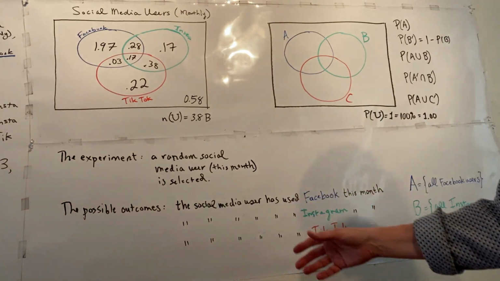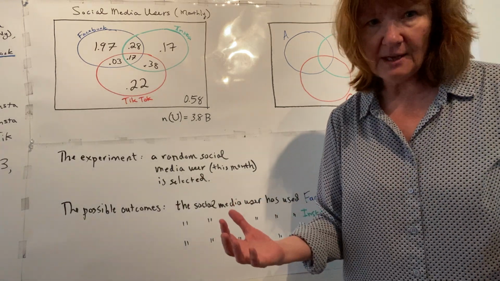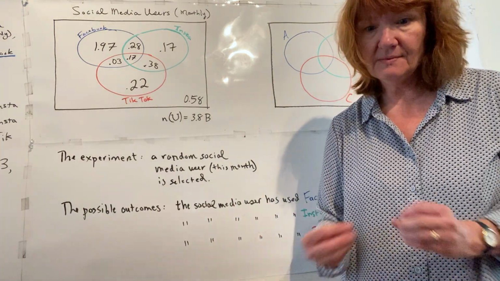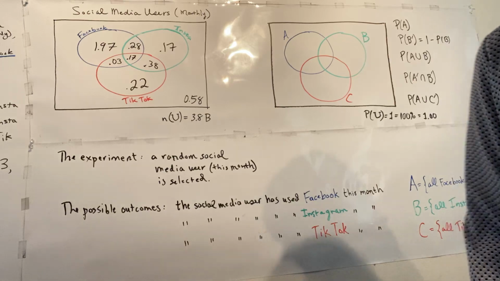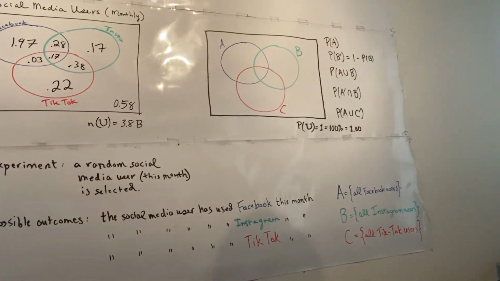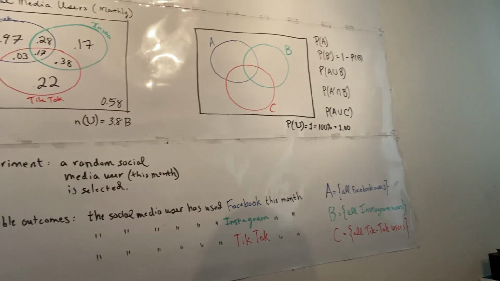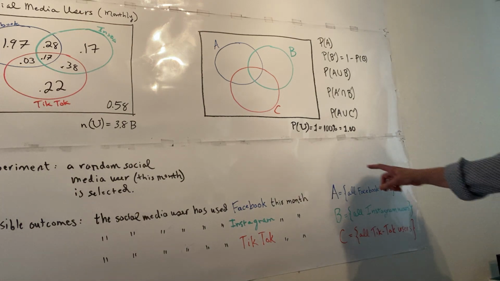These outcomes are considered elements of the sample space, members of that large universal set. And then what we do is define events.